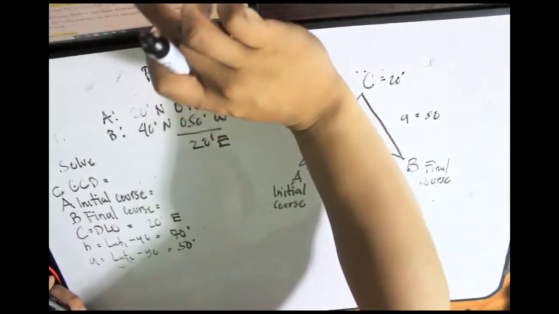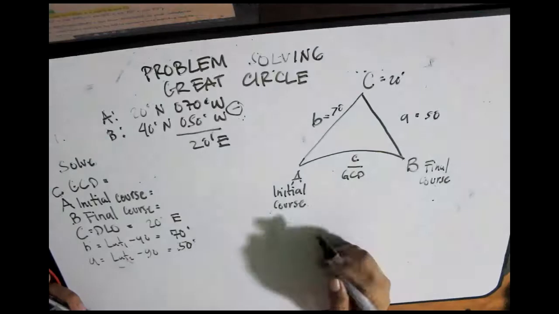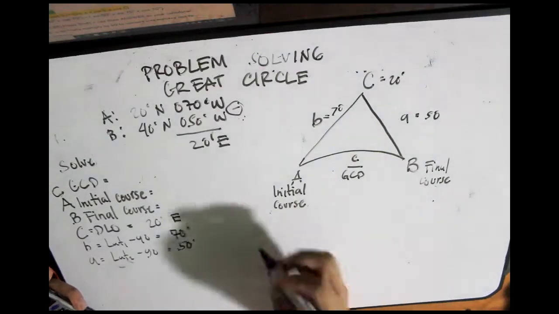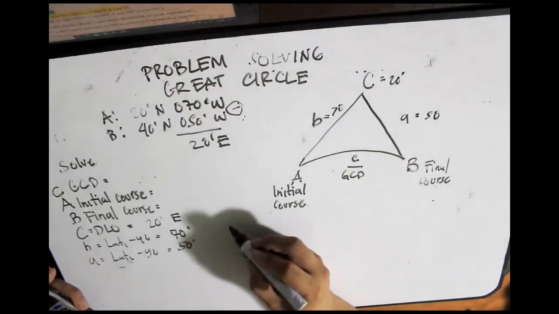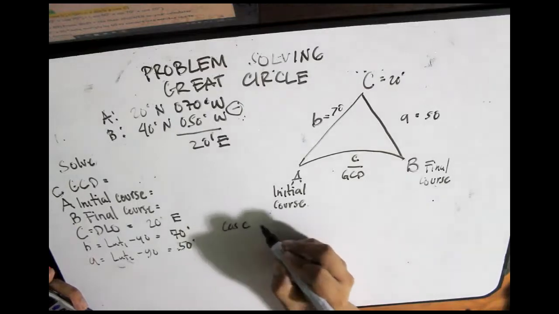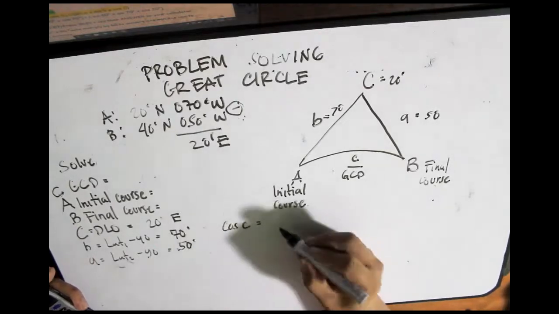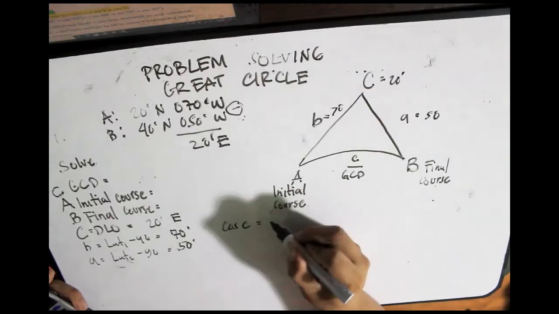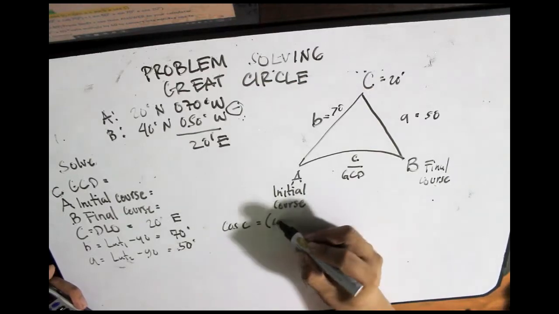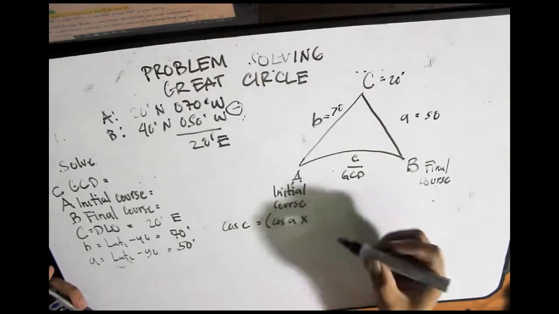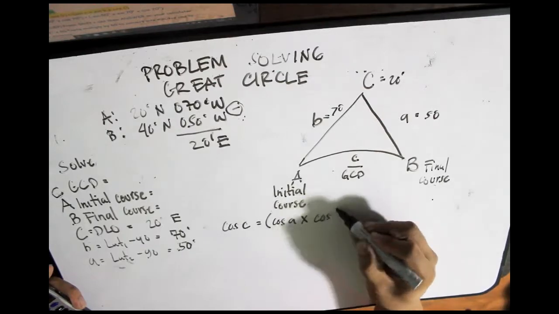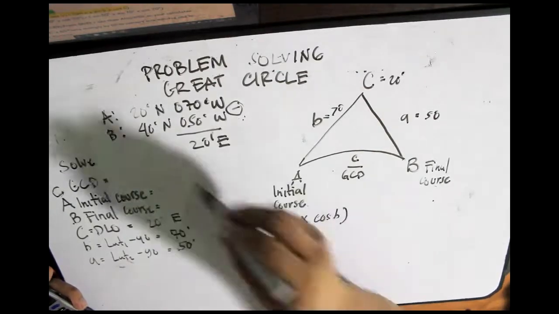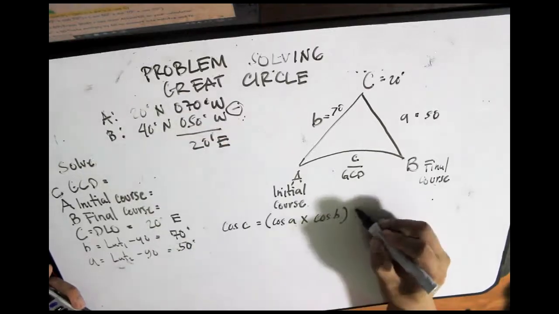Now, we can now solve for the distance. Okay, so the calculation for distance is cosine C is equal to cosine A times cosine B. Yan. They are on the same latitude, so you add.